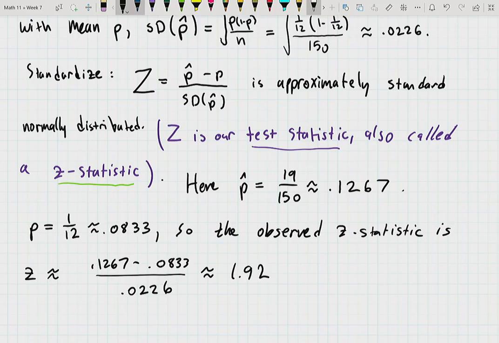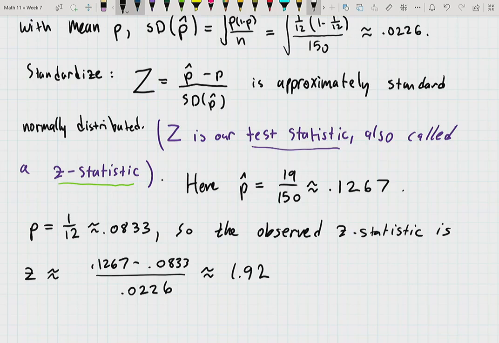So we observed a proportion of October babies that was 1.92 standard deviations above the mean. 1.92 standard deviations above what we would expect.